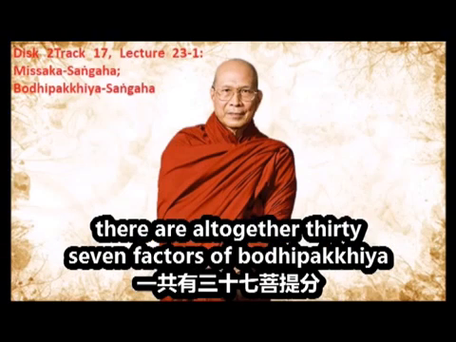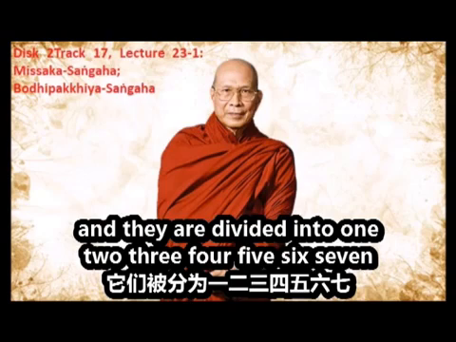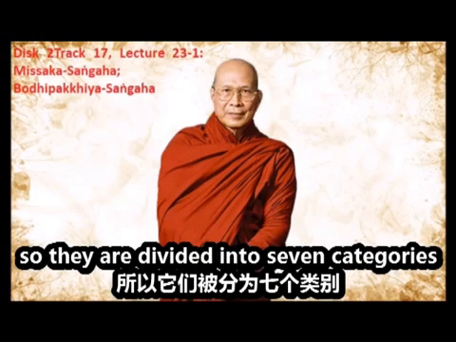There are altogether 37 factors of Bodhipakkhiya, 37 members of enlightenment. And they are divided into 7 categories.